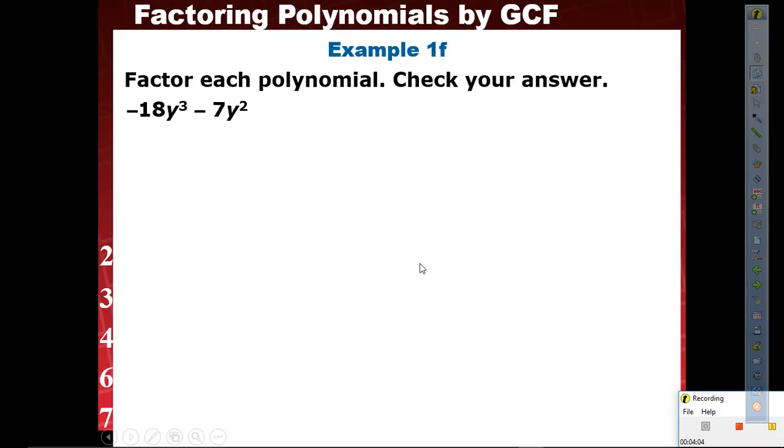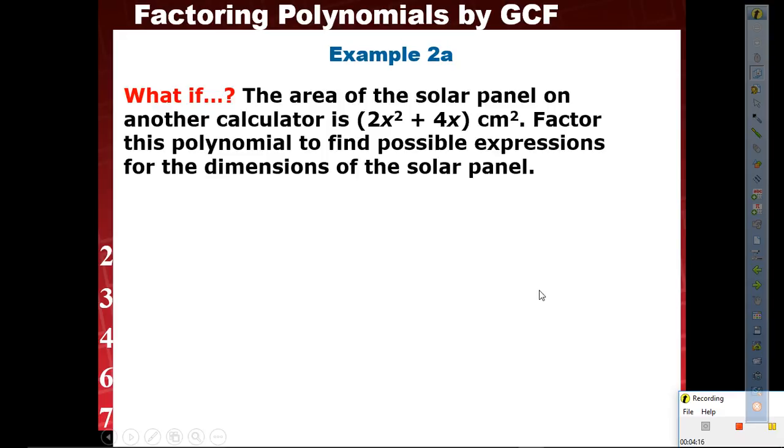So with that said, copy this one, example 2F. What if the area of the solar panel on another calculator is 2x squared plus 4x in centimeters squared? Factor the polynomial to find the possible expressions for the dimension of the solar panel. Copy that.